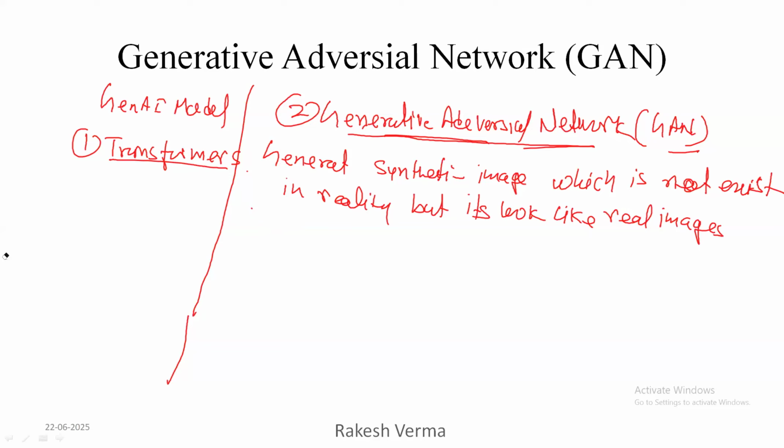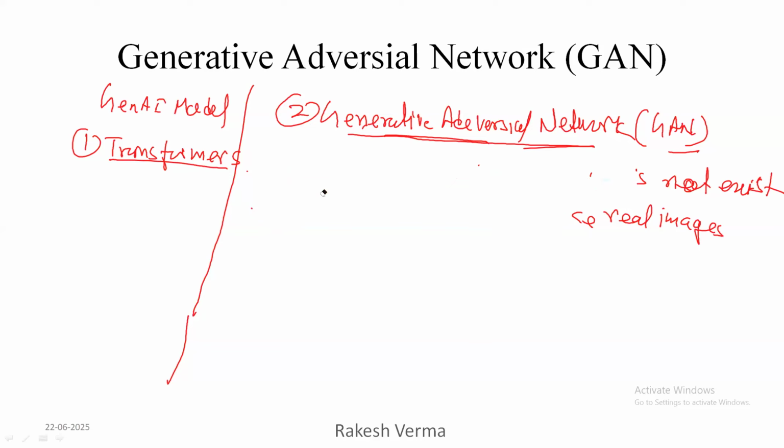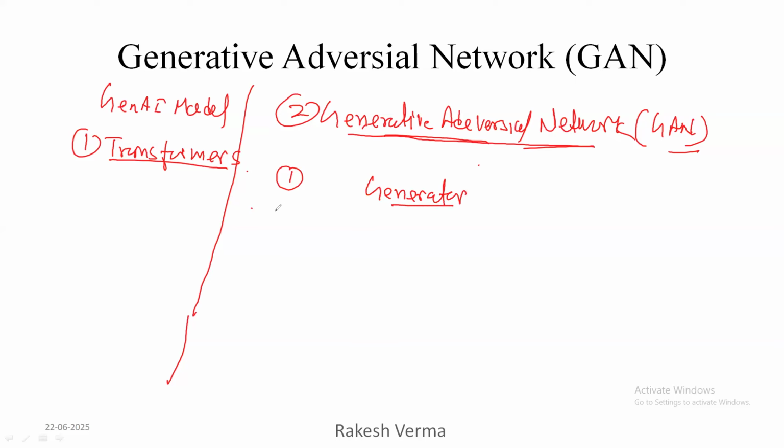Now when you talk about this network, a generative adversarial network, it has two components. See, the first component is the generator, and the second component is the discriminator.